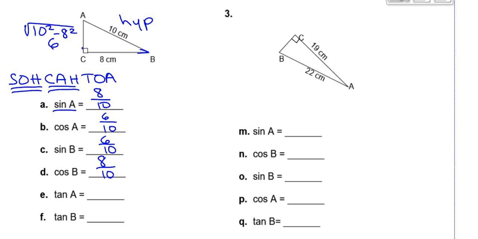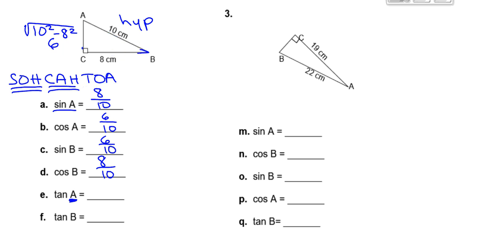Then it asks us for tangents of each of those. Notice I have to go back to angle A, and the tangent of the angle is the opposite over the adjacent. I'm back to looking at angle A. Here the opposite is 8 and the adjacent is 6.